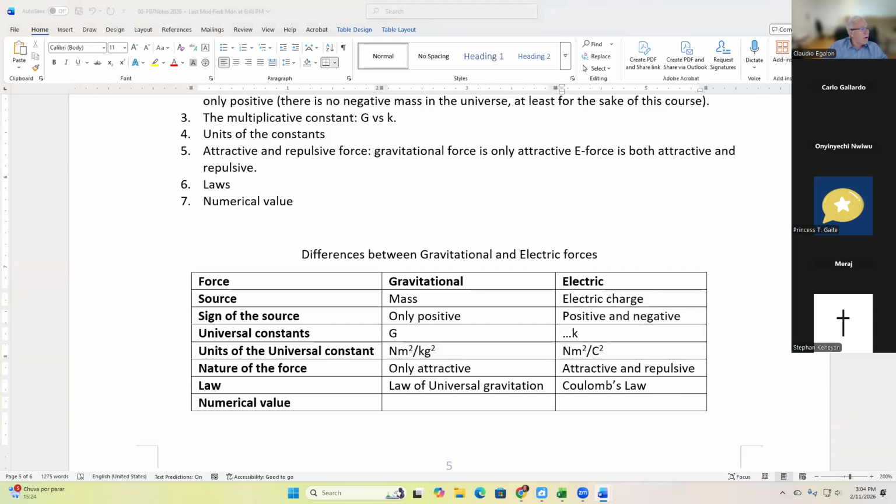And what's the value of these constants? I don't memorize those things, so I don't require you to memorize. But like I said, at least you must know that one is much greater than the other.